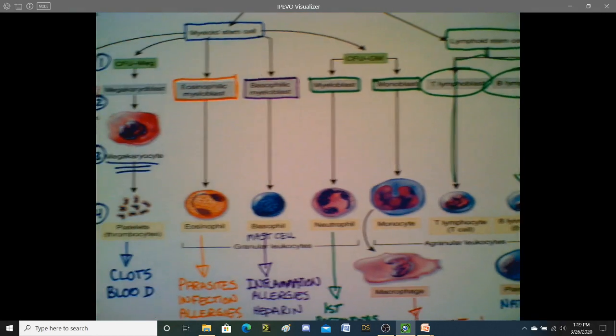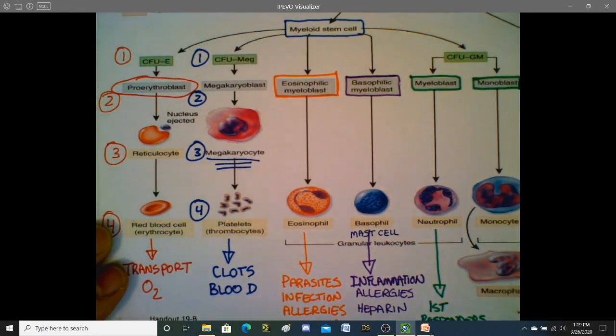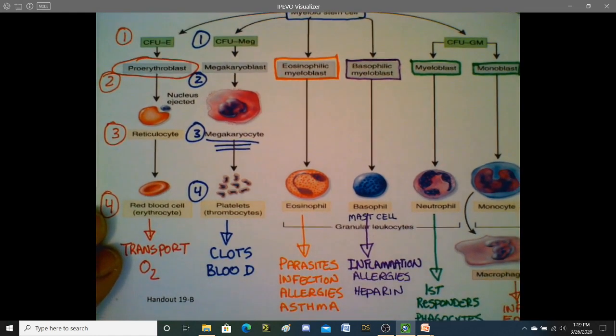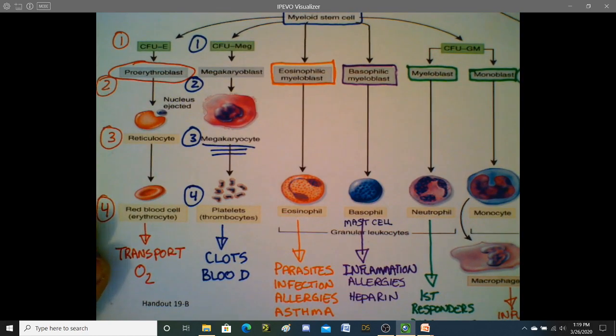Well, they all have different functions. So I'm going to go ahead with this handout and talk about the different functions of these cells. So erythrocytes, or red blood cells, are going to be transporting oxygen. That's why we have so many in our bloodstream. 99% of all the blood cells in your bloodstream are erythrocytes.